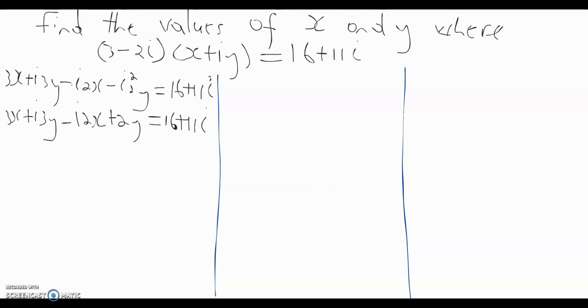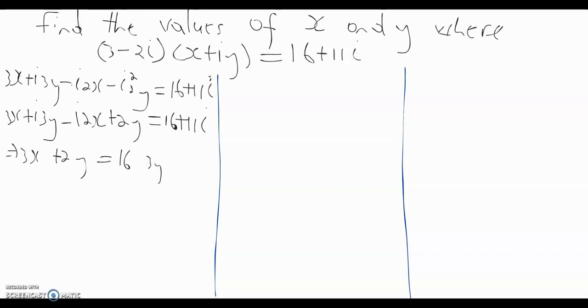Now, can I figure out what the real part is? Yes, we have 3x and 2y. So we can say this implies that 3x plus 2y is equal to 16. Can I figure out what the imaginary part is? We look for the i's. So the imaginary part is a component of the i. So we have 3y and we have minus 2x.